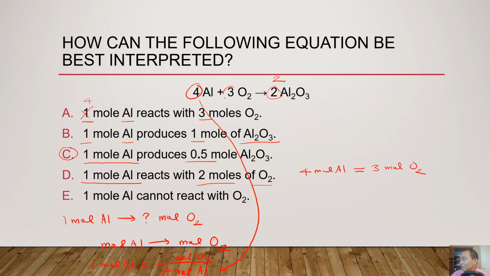Then 3 moles of oxygen. So this gives you 3/4 or 0.75 molar of oxygen. Similarly, you can find out for 1 mole of aluminum, how many moles of aluminum oxide can be produced. But this is just a little bit detailed explanation of how you can get those numbers.